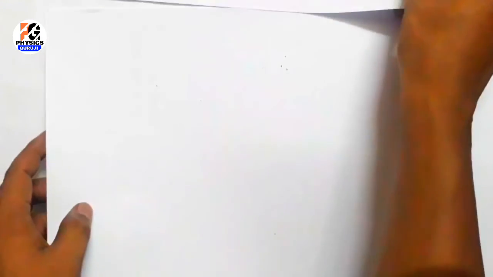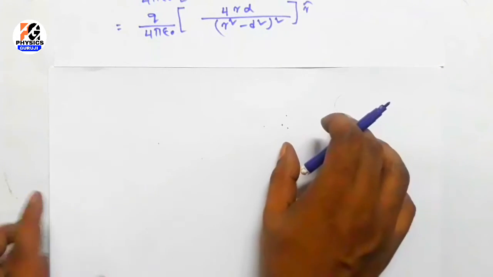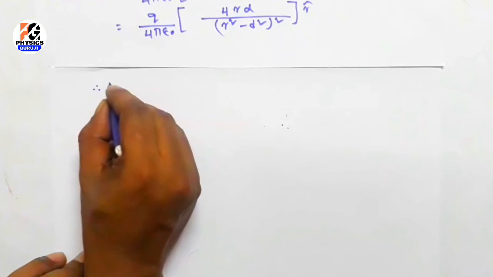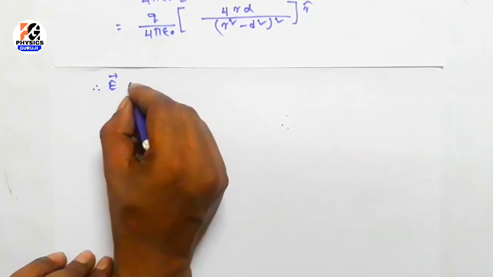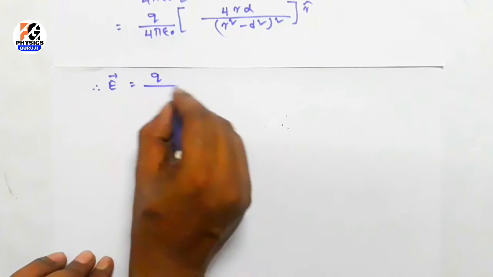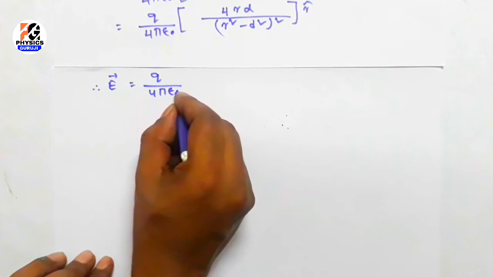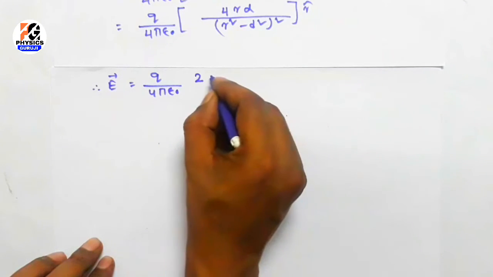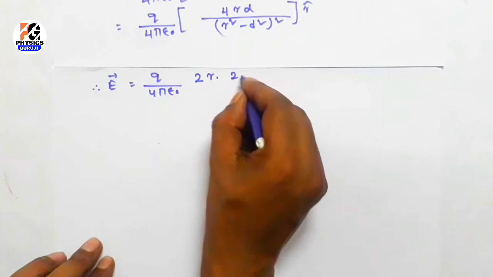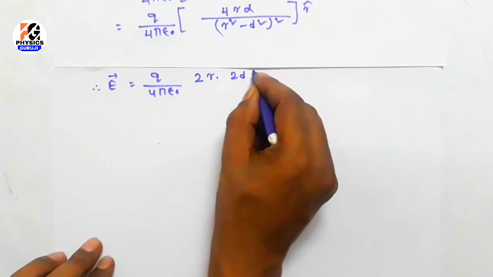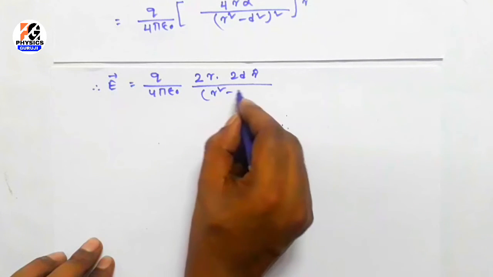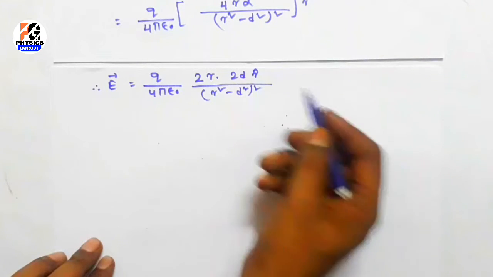Therefore E equals q by 4 pi epsilon 0 into 2r into 2d into r cap by r square minus d square whole square.